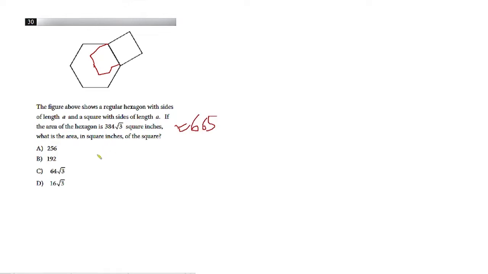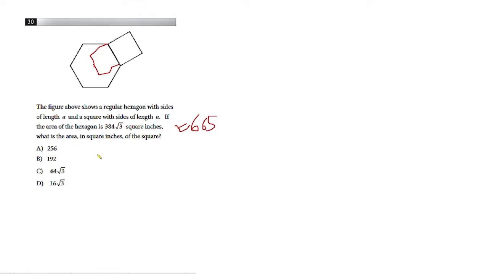So it makes sense. 256 makes the most sense. You might guess 192, but 256 is significantly less than half of the area of the hexagon. Also, it's a perfect square, which might make it more likely, although 192 could be the square of something root 3. So that's possible.